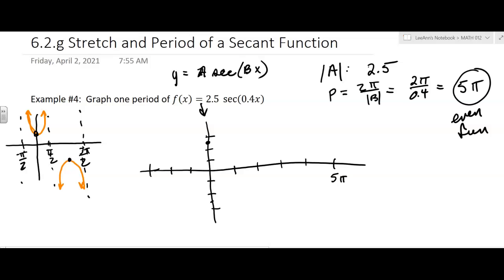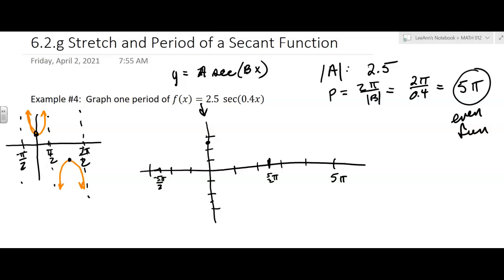Then at 5 halves pi, so right here, that'd be 5 over 2 pi. I'm expecting to have something happen there at the end of the period. And then at negative 5 pi over 2, I'm expecting something to happen there as well. So that would represent one complete period, okay?